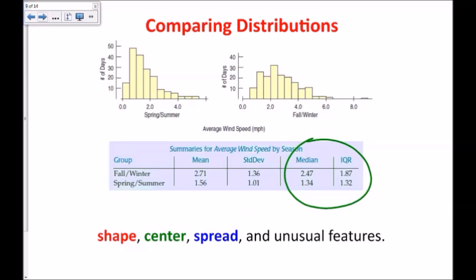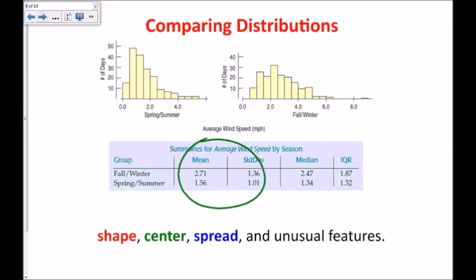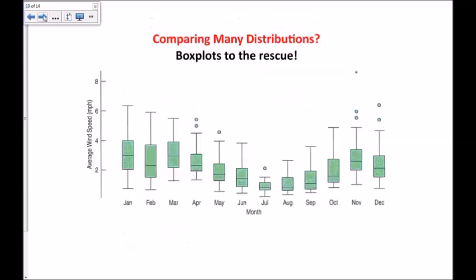Okay? When looking at the spread, we can also see that the fall-winter distribution has a higher spread than the spring-summer distribution. Okay? And the only unusual feature we want to point out is that there is an outlier for the fall-winter distribution. So I just compared the shape, center, spread, and unusual features for these two distributions.